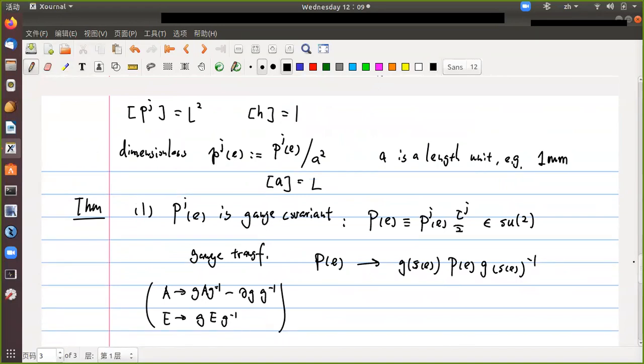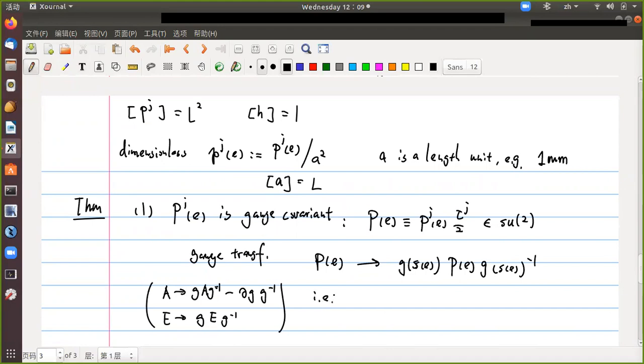Holonomy connects one vertex to another vertex, so the gauge transformation of holonomy relates to the gauge transformations at these two vertices. But the gauge covariant flux only relates to the gauge transformation at a single vertex, which is the source of E.